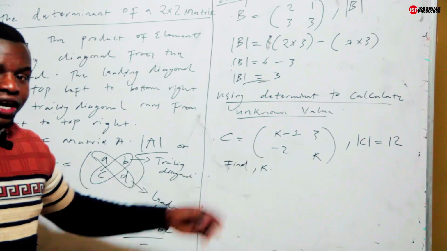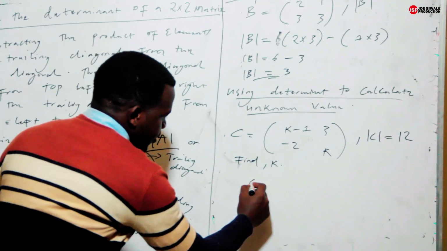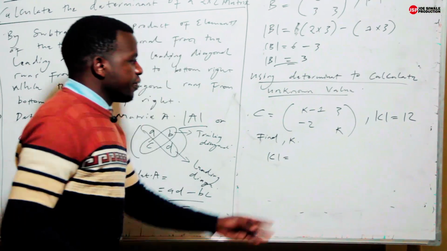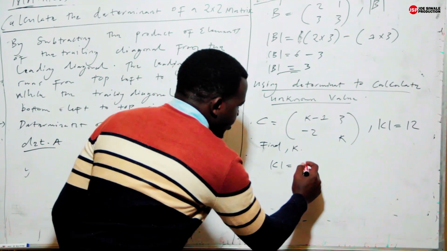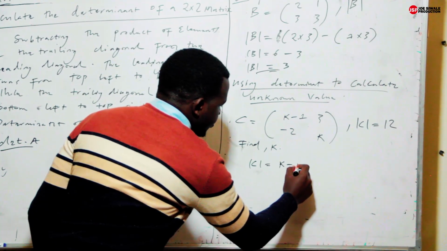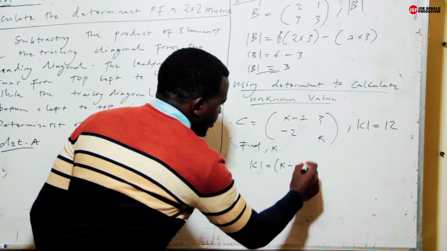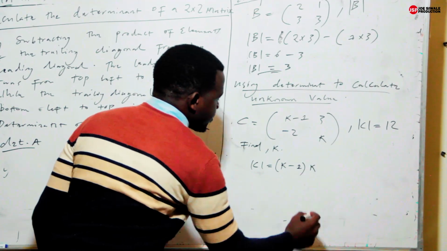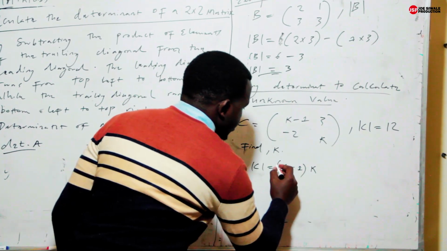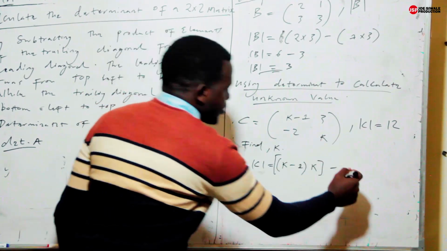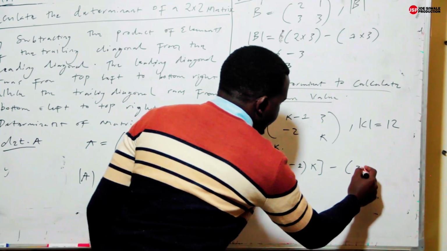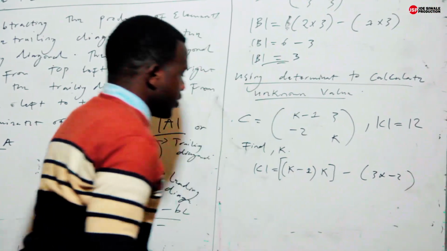So the first thing for us to calculate determinant, we say we're going to find the product in the leading diagonal. So we're going to say K minus 1, so multiplied by K there. Then you can put these in brackets. Minus, so we'll say 3 multiplied by negative 2.